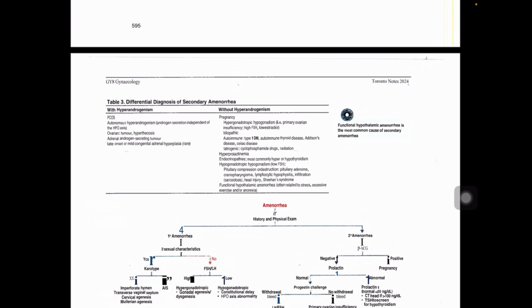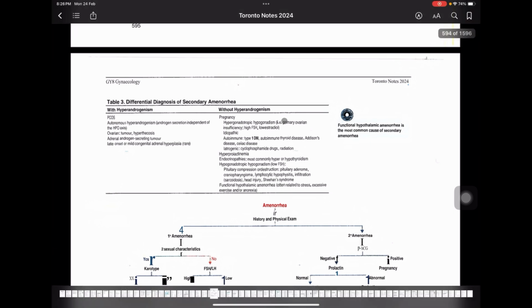So these are 4 types of hyperandrogenism syndromes. Without hyperandrogenism, pregnancy is the most common cause of secondary amenorrhea. Now, hypergonadotrophic hypogonadism, primary ovarian insufficiency, high FSH, low estradiol.